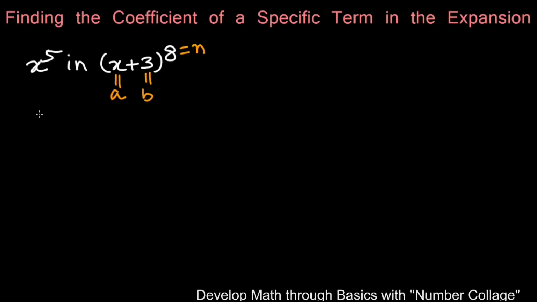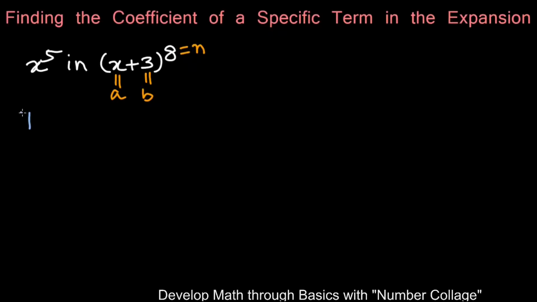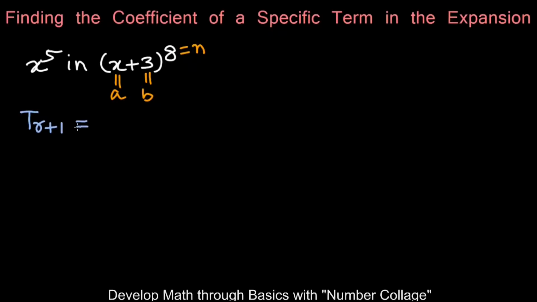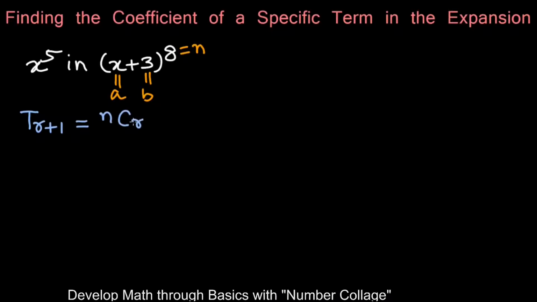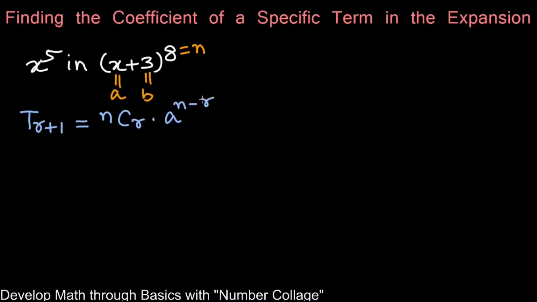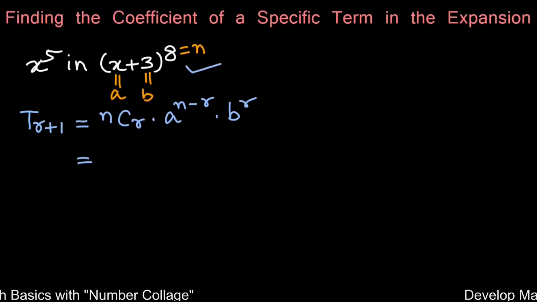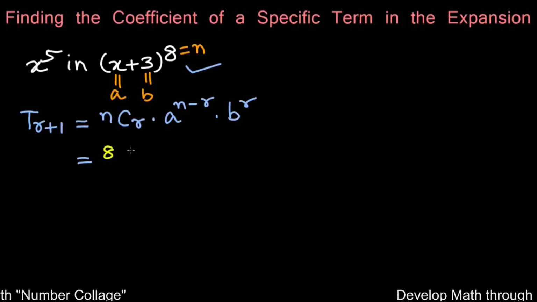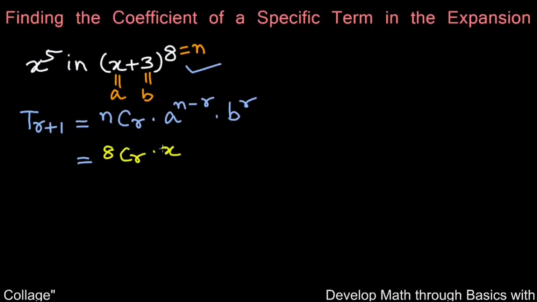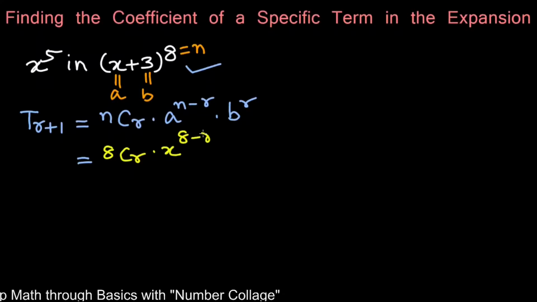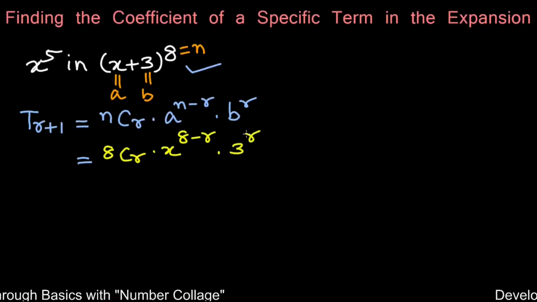The general term in the binomial expansion is t r plus 1 equals n c r into a raised to n minus r into b raised to r. So in the expansion of x plus 3 raised to 8, it will be 8 c r into x raised to 8 minus r into 3 raised to r.